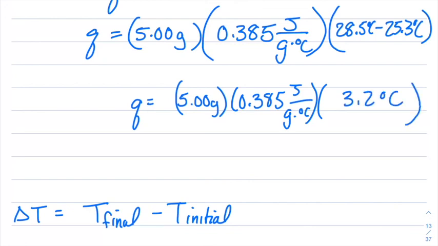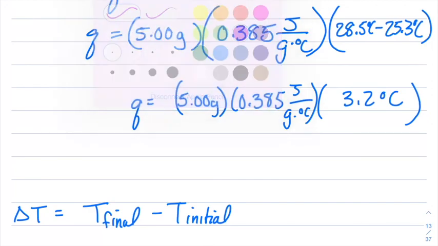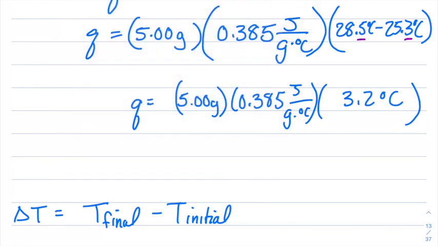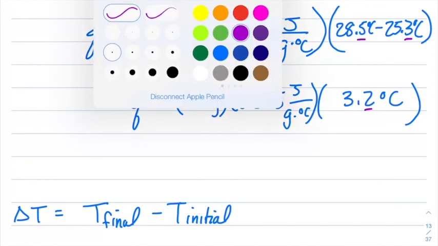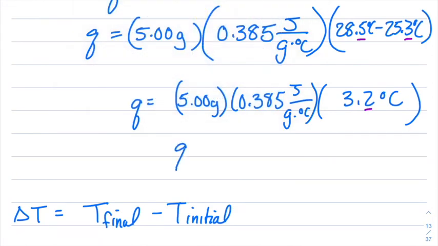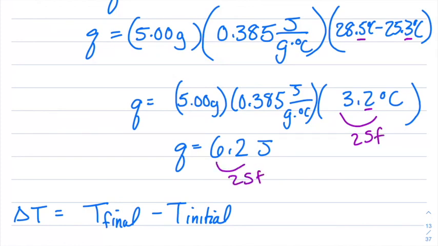And the reason we have 3.2 is because we're looking at digits after the decimal. 1 digit after the decimal, 1 digit after the decimal, and 1 digit after the decimal. So yes, in answer to the question on the chat, it should be 6.2 joules, like so, because we are in 2 sig figs from that 3.2 degrees Celsius.